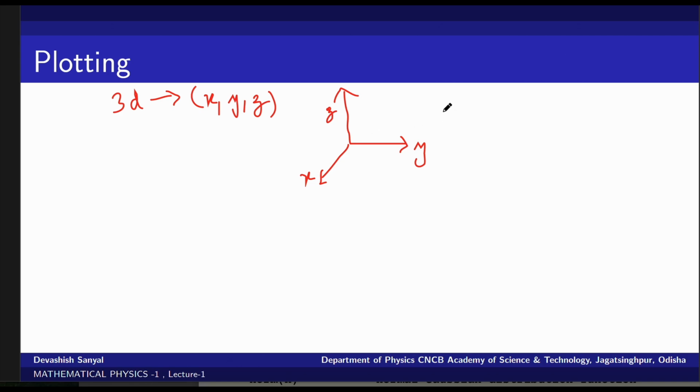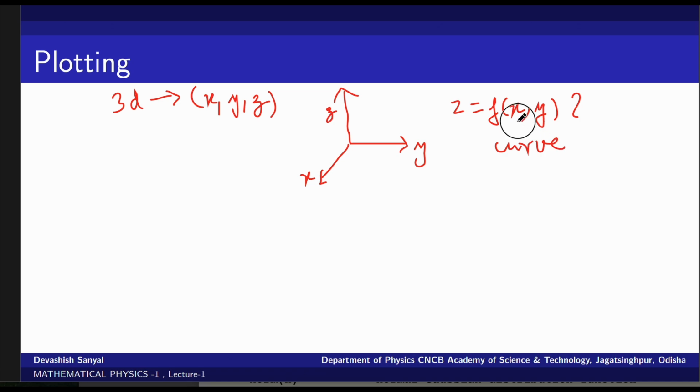Now in 3-dimension, if I write z is equal to some function of x, y, what does it mean? Does it imply a curve in 2 dimension?